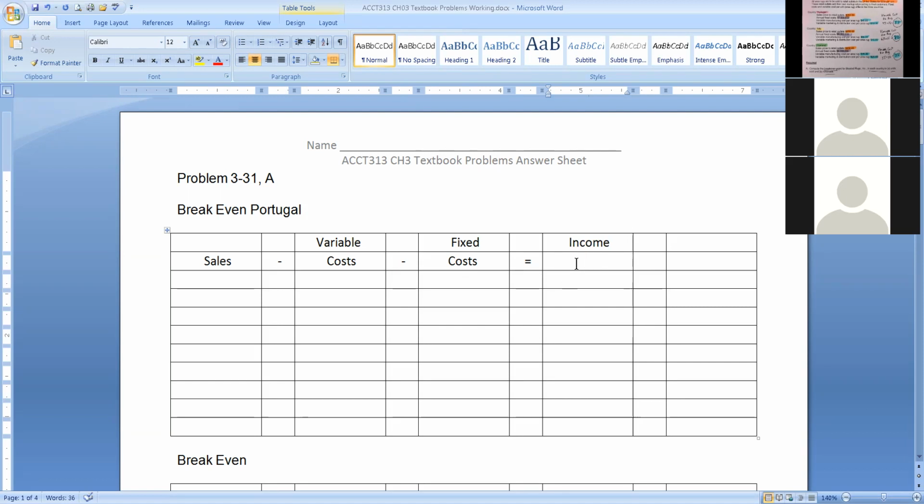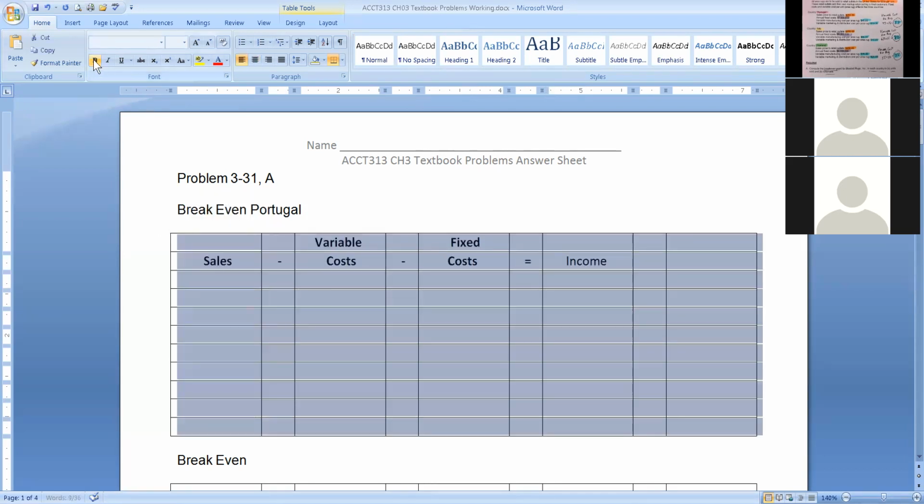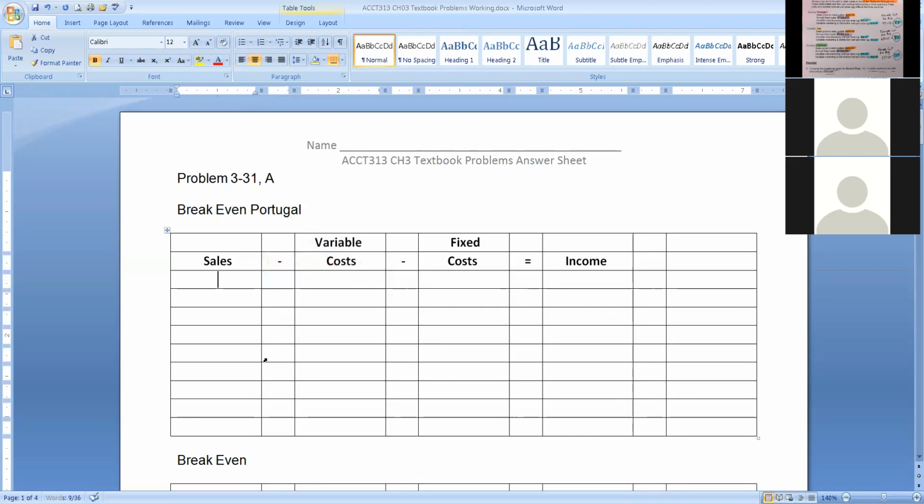Now, the book uses the term operating income, which is a bit of a misnomer. So we're going to have our sales minus our variable cost minus our fixed cost equals our income. We don't know the units for the break even, so I'm going to say X equals units.